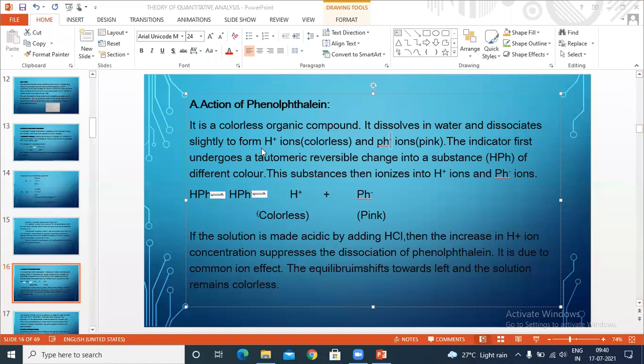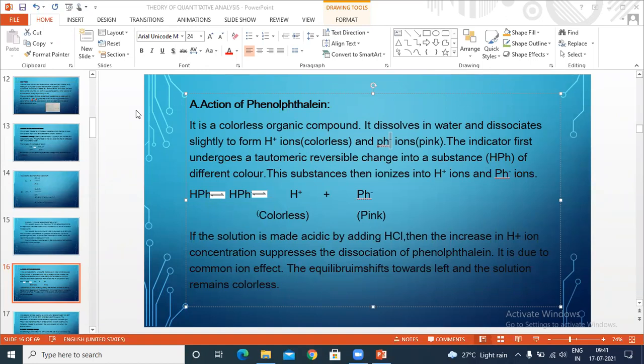Tautomerism is the transfer of a proton, an H plus ion, from a double bonded carbon to an adjacent atom, whether it may be oxygen or carbon or hydrogen, whatever it may be. Because of this transfer of proton, we can observe two different types of structures for the same compound.